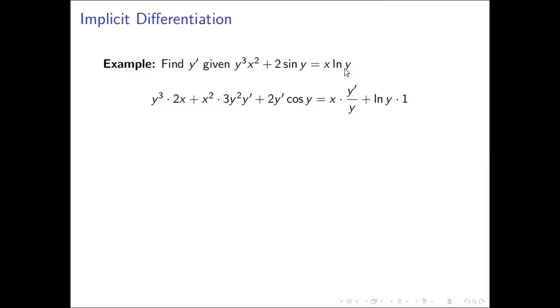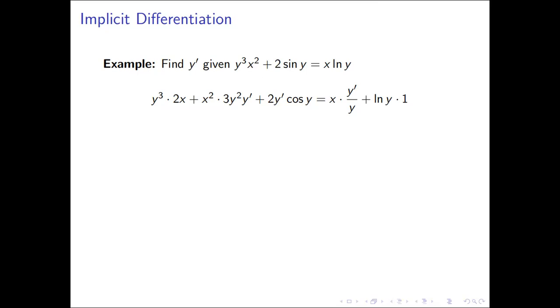And then the second term, which is ln y, times the derivative of the first with respect to x, and that is just 1, written here for the purpose of showing you what happened. So this gives us an equation allowing us to solve for y prime implicitly in terms of x and y.